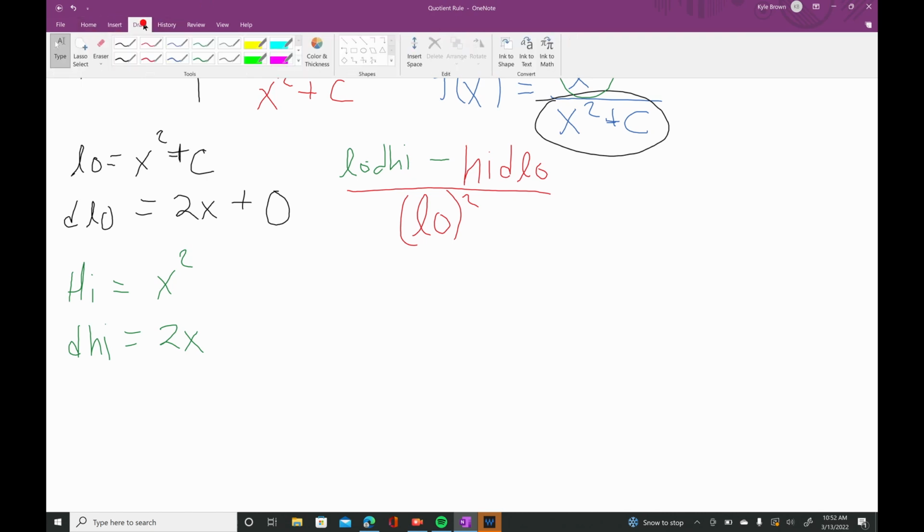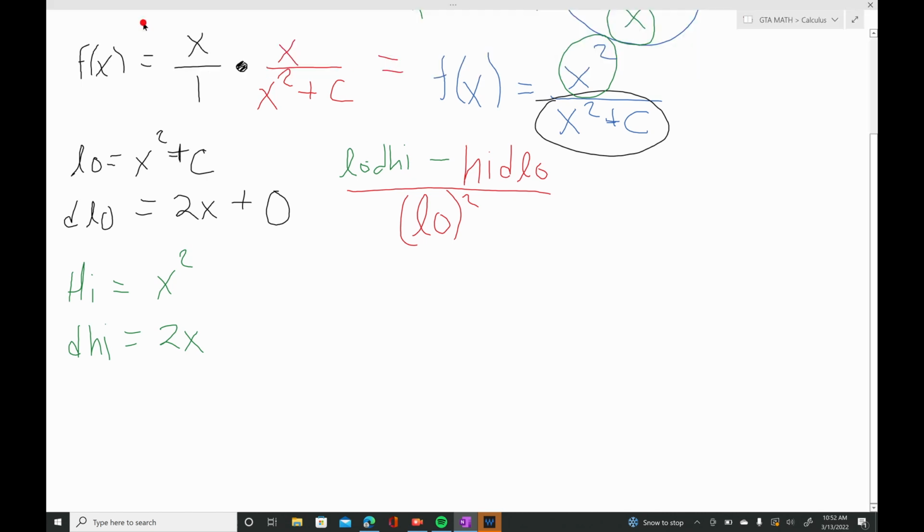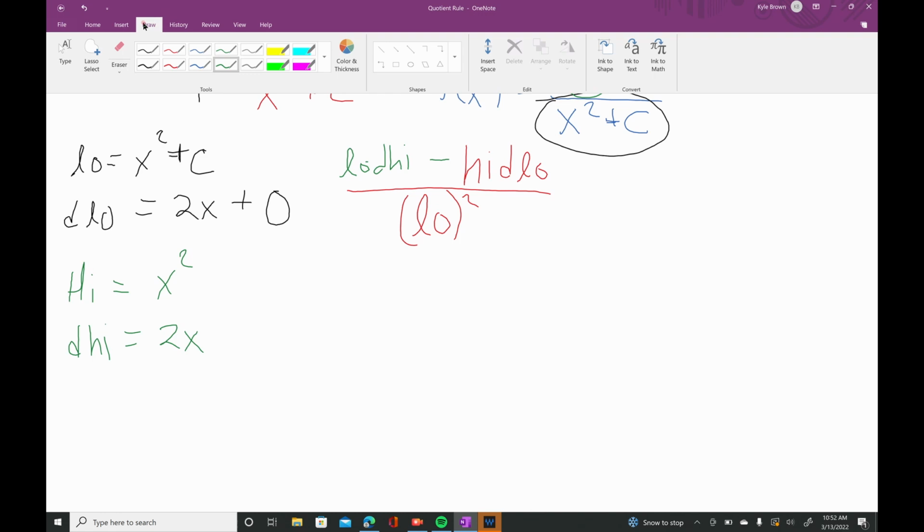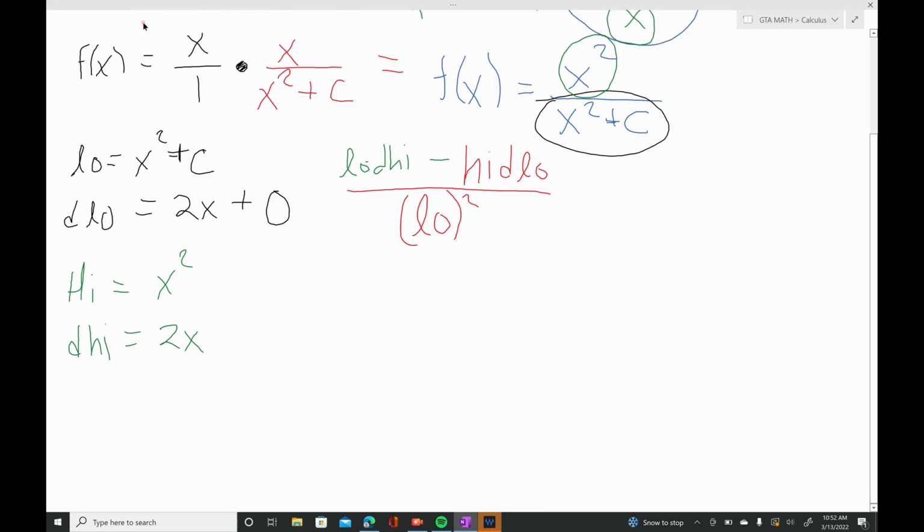All right, so what I'm going to do is fill everything in. The low function, I'm going to leave green. We're back to the equal stuff. So low is going to be x squared plus c.